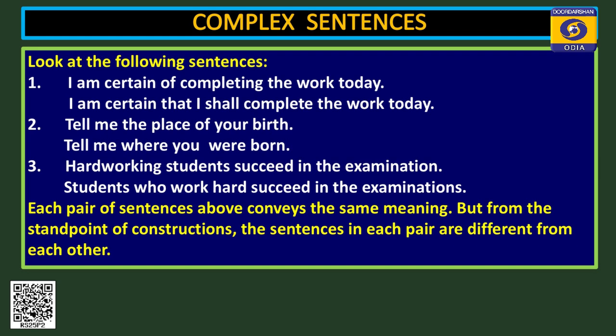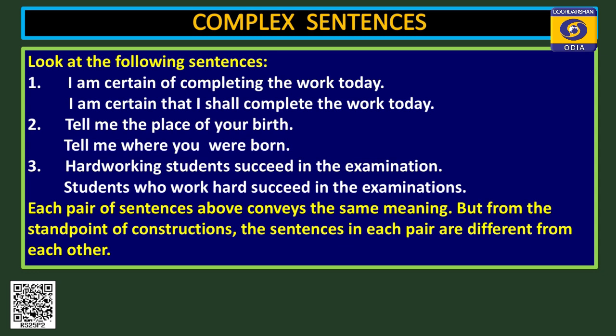In the third example, students who work hard, who work hard, you see. So where, who, that, all these clauses begin with these relative pronouns or WH words, and they are subordinate clauses.